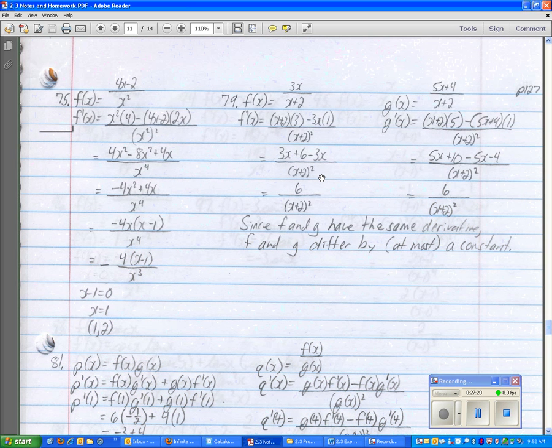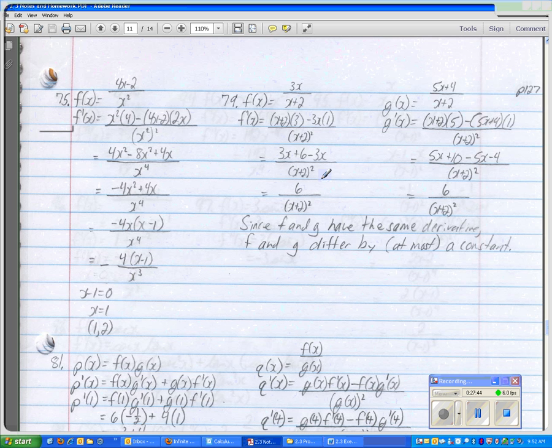Determine the points at which the graph of the function has a horizontal tangent line. All right, so we've talked about these before. Horizontal tangent lines have a slope of 0. When the slope of the tangent line is 0, that means the derivative equals 0. So we need to find the derivative and then set it equal to 0.